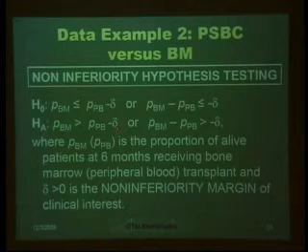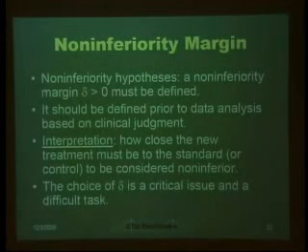What is this delta here? This delta here is what we call the non-inferiority margin. And it has to be defined prior to data analysis based on clinical judgment. And the interpretation of this delta is how close the new treatment must be to the standard to be considered non-inferior.